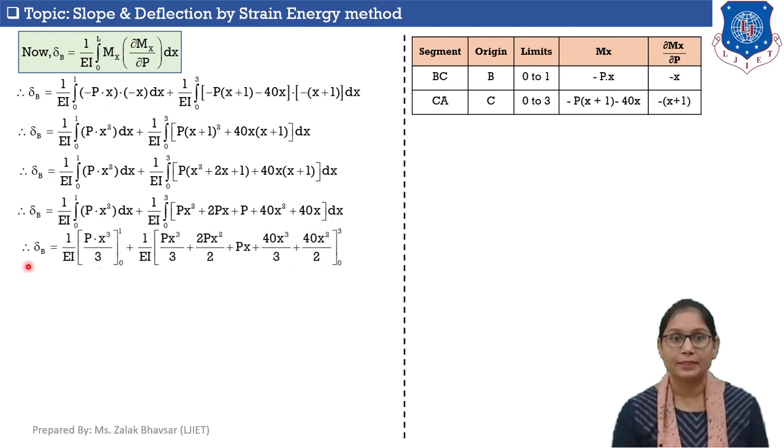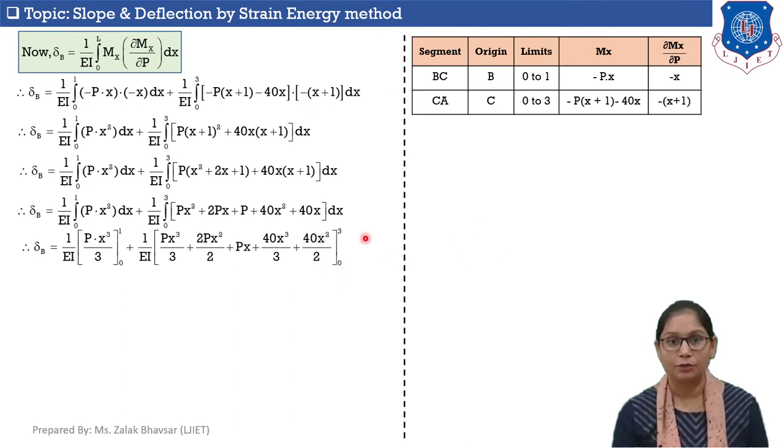Therefore, delta B is equal to, now integration of this P into x square about x is equal to P into x cube by 3 into 1 upon EI plus 1 upon EI, and integration of this bracket with respect to x is equal to P into x cube by 3 plus 2Px square by 2 plus P into x plus 40 into x cube by 3 plus 40 into x square by 2.